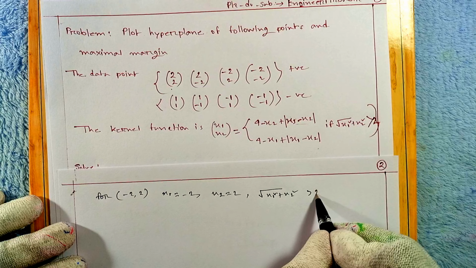Suppose x1 is 2 and x2 is 2, and we have to find the condition. If this condition is satisfied, then we will find the value for these two equations. So let's check whether this condition is satisfied or not.